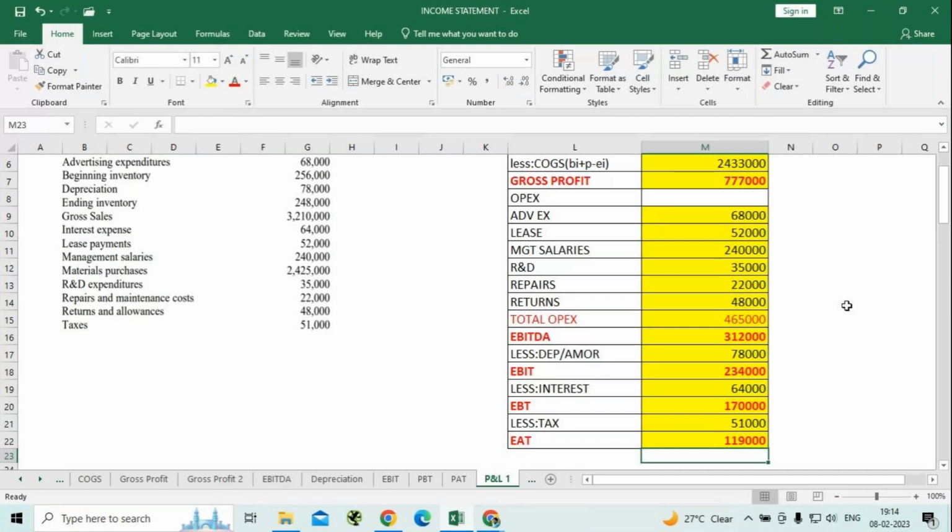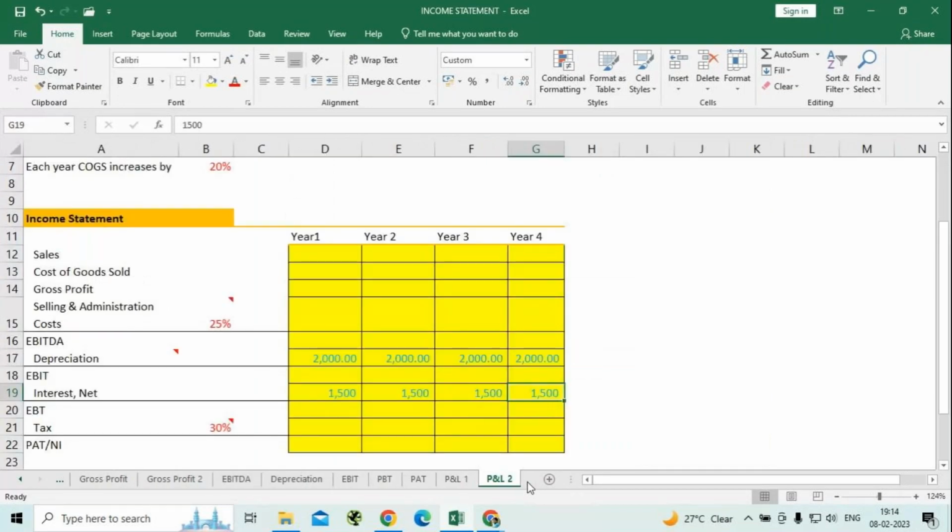I want everyone to share a screenshot of this income statement calculation with the values in the group, so that I can understand that you are practicing.